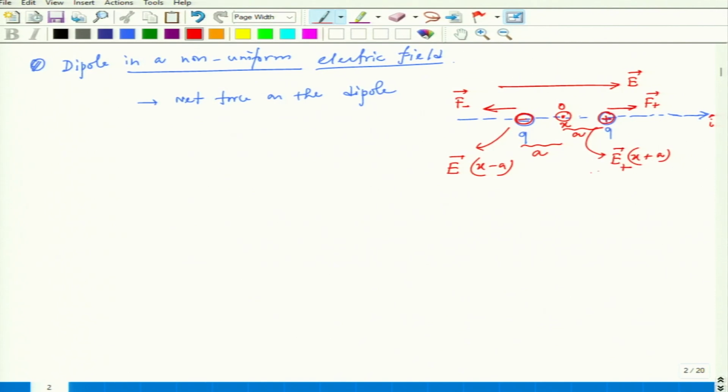Let us call them E plus and E minus, the electric field at the plus q charge and at the minus q charge.